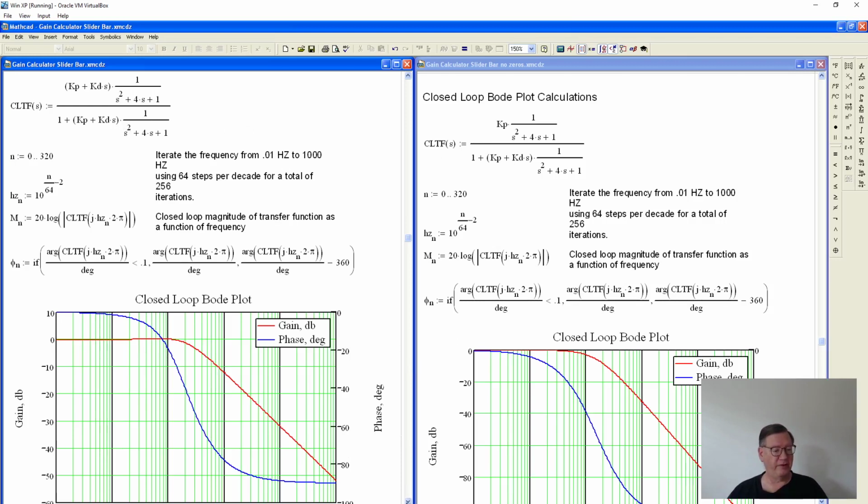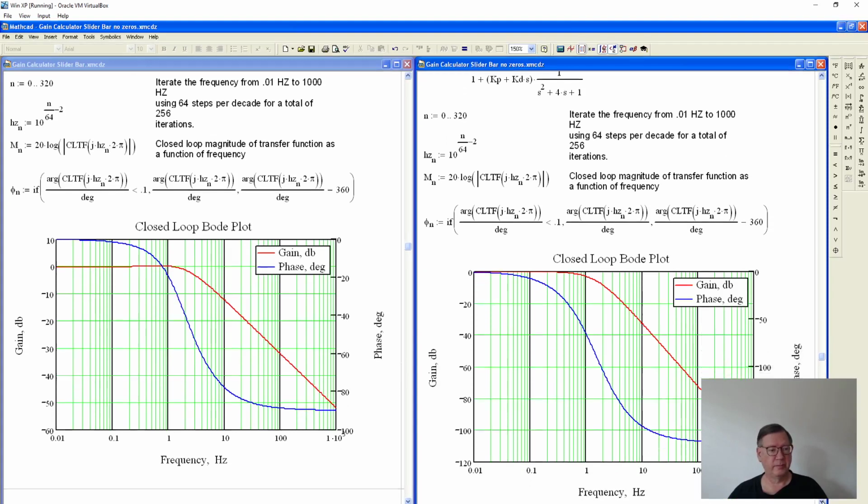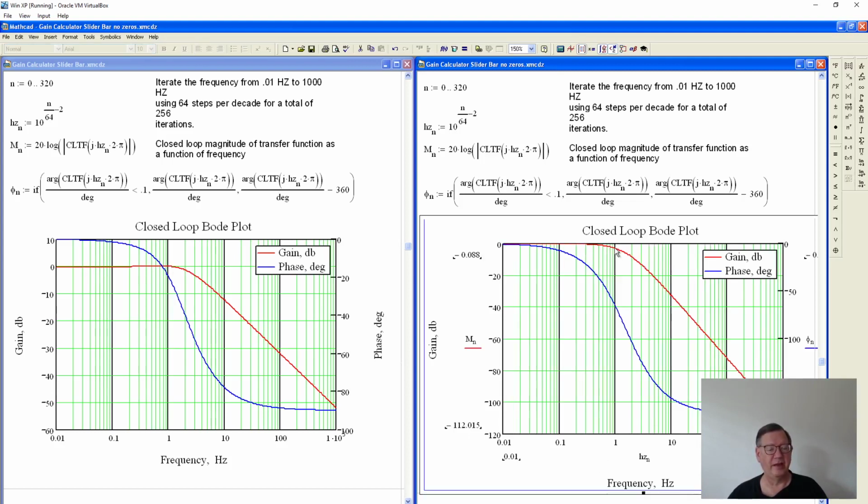If I move this up a little bit more, you can see that this little bump above 0 dB is caused by the 0. This one doesn't have the bump above, and you can see that at 1 hertz, this is a little bit less than 1, whereas here the 3 dB point is out maybe at 2.